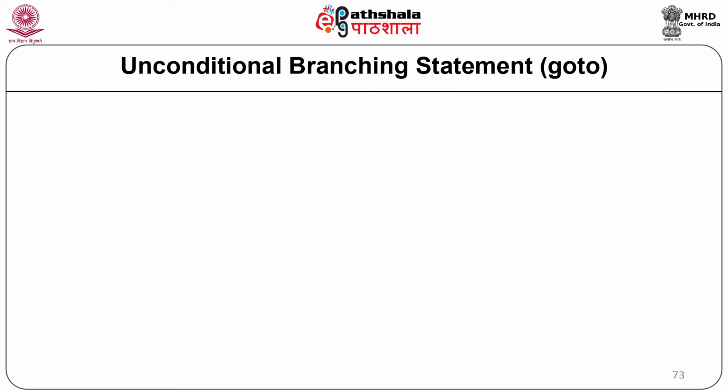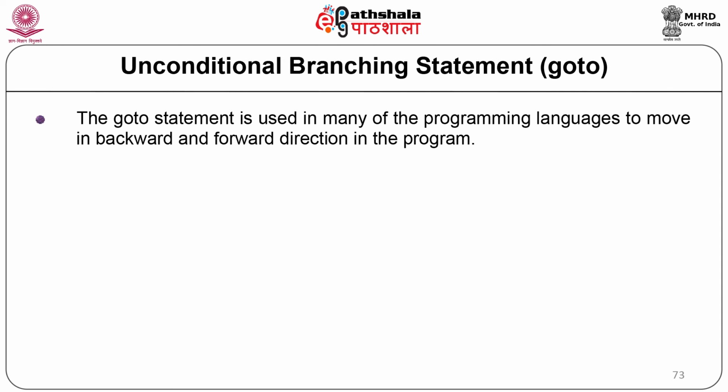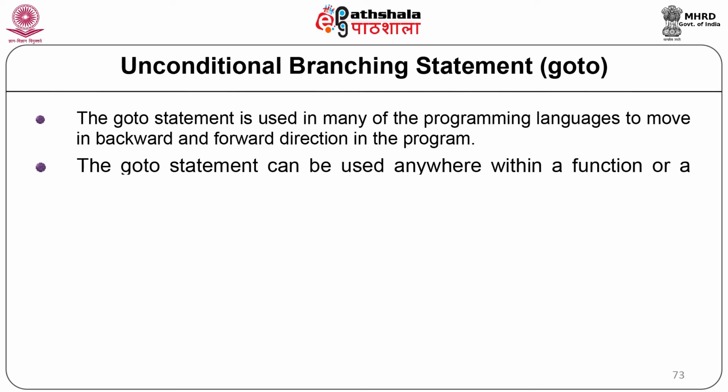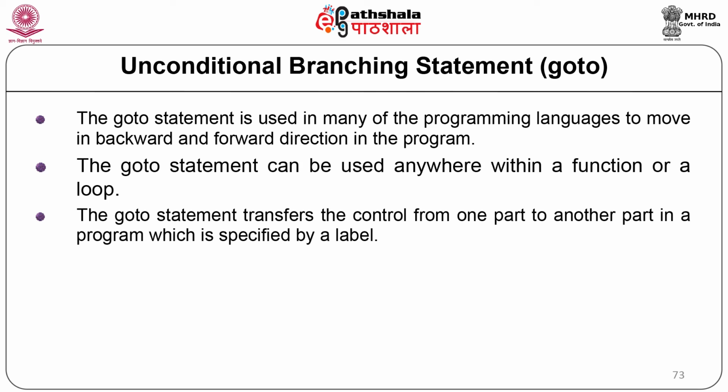Unconditional branching statement goto. The goto statement is used in many programming languages to move in backward and forward direction in the program. The goto statement can be used anywhere within a function or a loop. The goto statement transfers the control from one part to another part in the program, which is specified by a label.